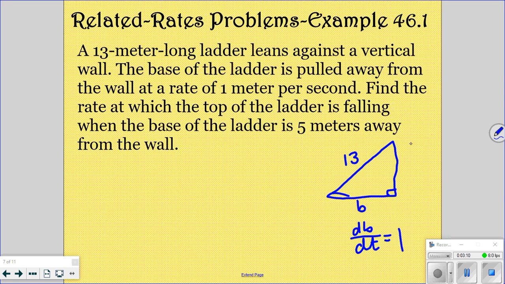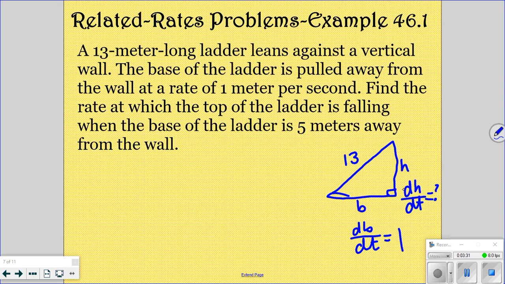They want us to find the rate at which the top of the ladder is falling. So this is the height of the triangle. So we want to know what is our dh, because that's the derivative of h, and then with respect to time. I want to know what is our dh over dt.